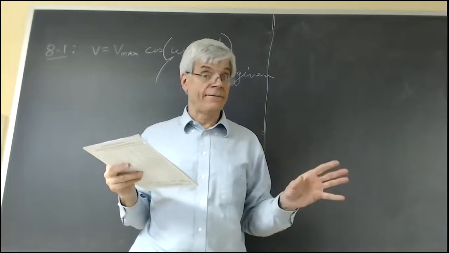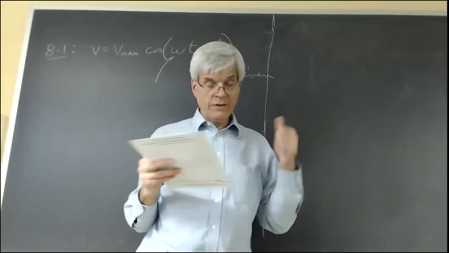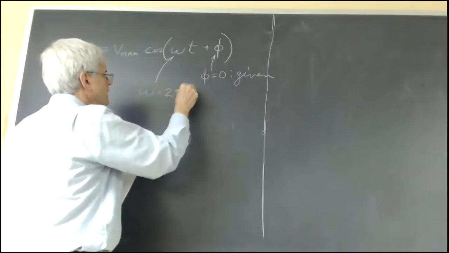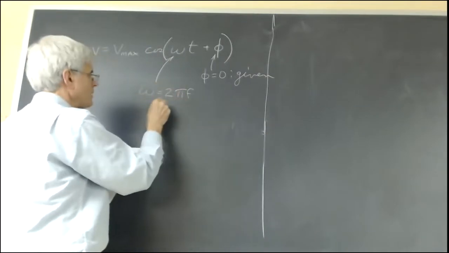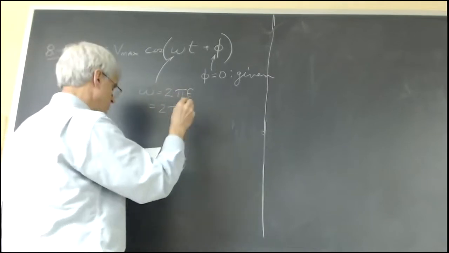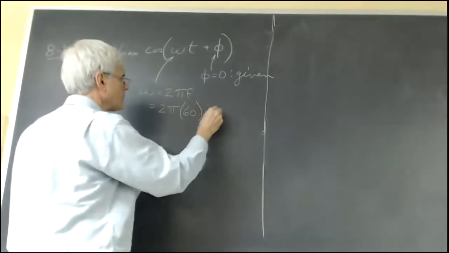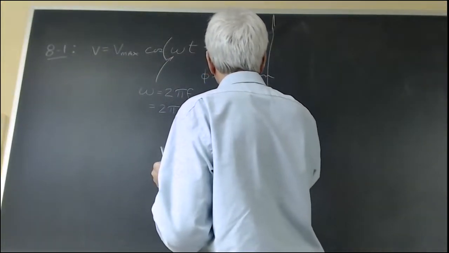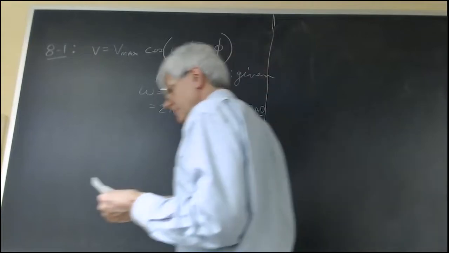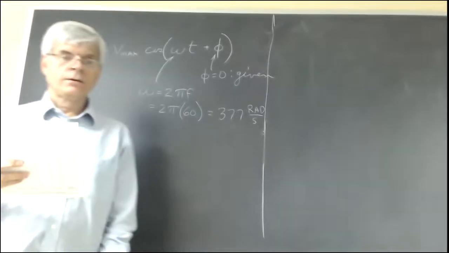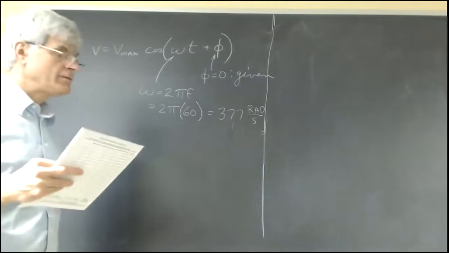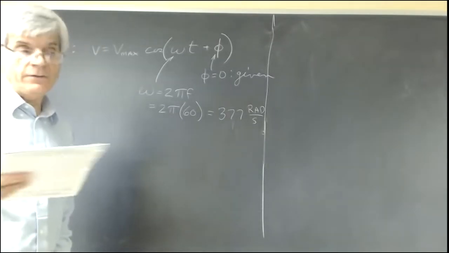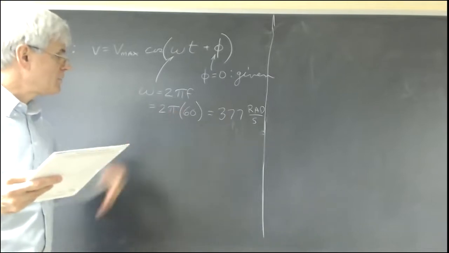Hertz is F. So what you need for omega is omega equals 2 pi F. 2 pi times 60, 377 radians per second. The angular frequency of alternating current in North America. Europe uses 50 hertz, but in this country, the standard is 60.